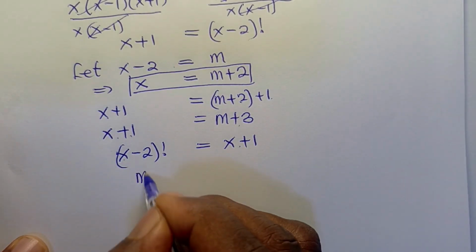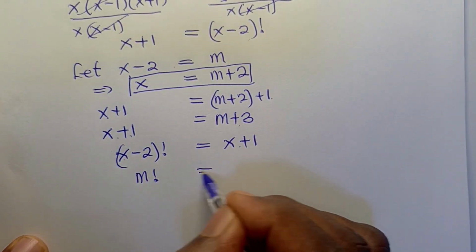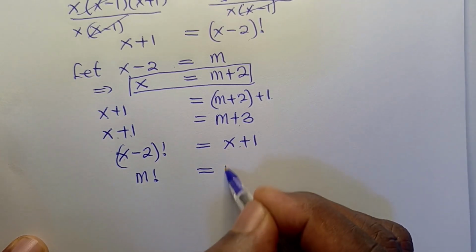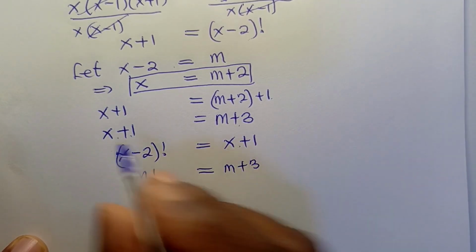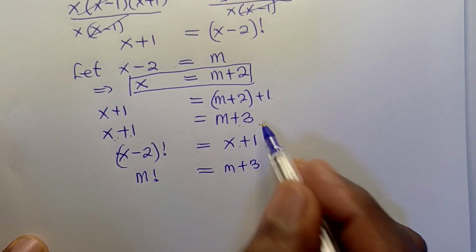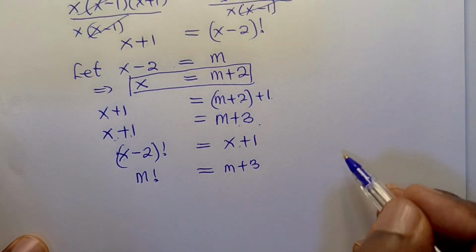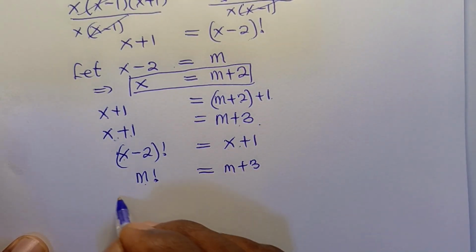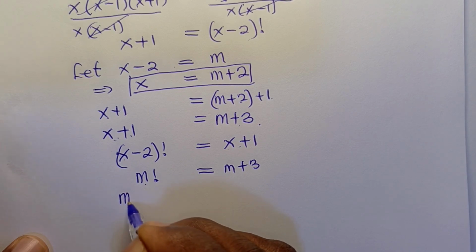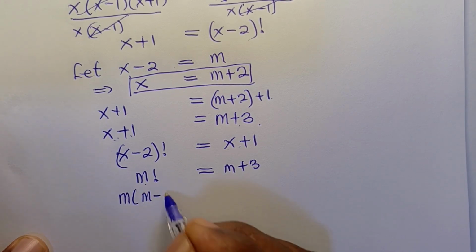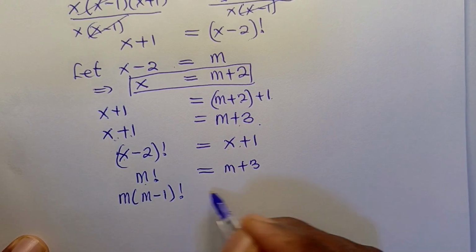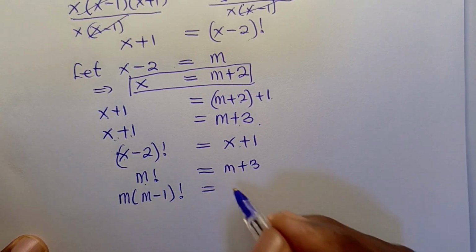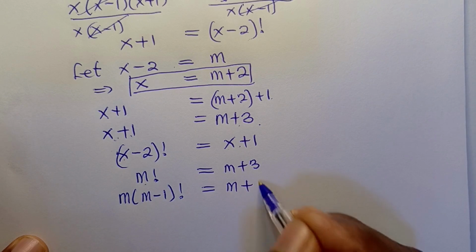So we can write that m factorial is equal to m plus 3. So again, m factorial means m multiplied by (m minus 1) factorial, and that equals m plus 3.